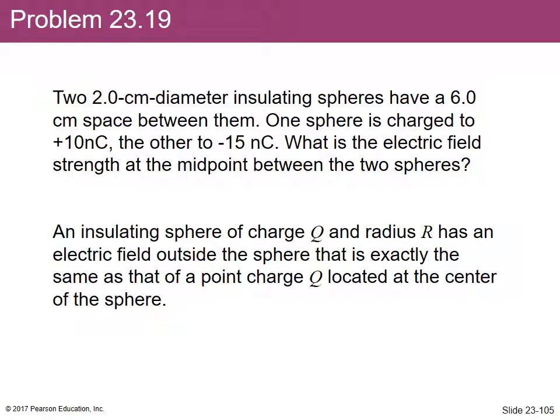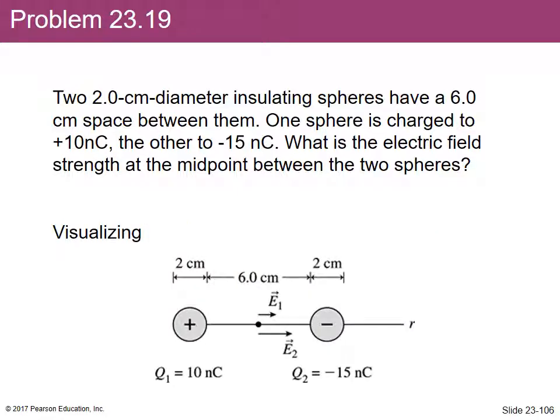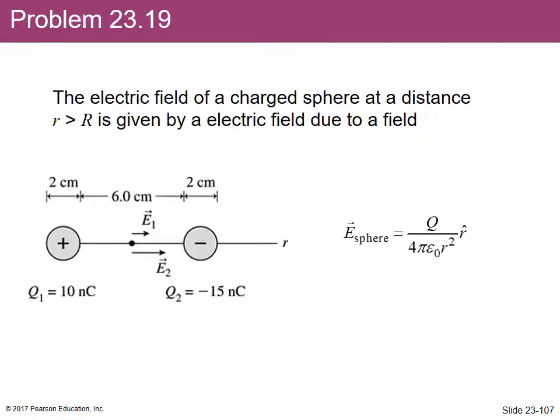An insulating sphere of charge Q and radius r has an electric field outside the sphere that is exactly the same as that of a point charge Q located at the center of the sphere. Draw a picture of the charge distribution. The field due to a single sphere goes as 1 over r squared.